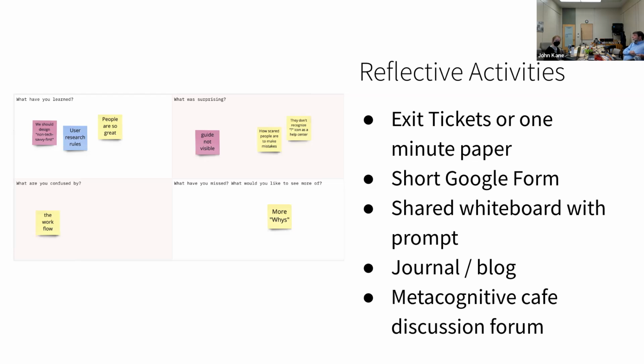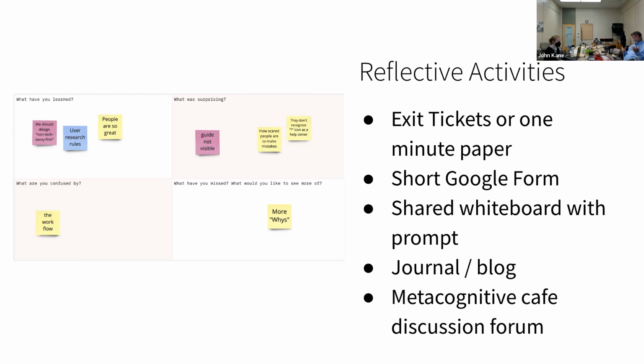And the journal blog option is something that we do have available if you want to try. You can create your own WordPress site and add all the students as members. As of now, that's still free, and it's not a bad tool. I know a lot of people have been using it in some cases for a decade or more. So if it's something you want to try, let me know and we can get you connected with an account.